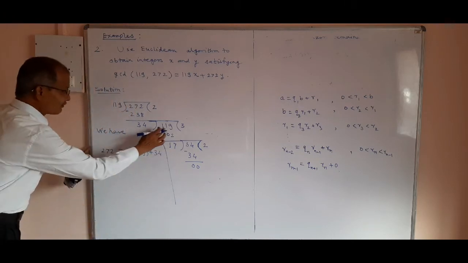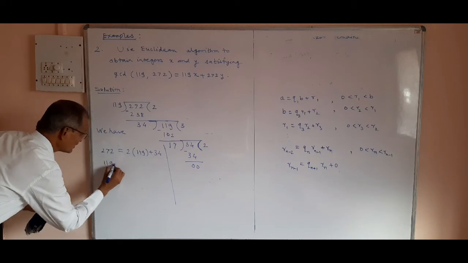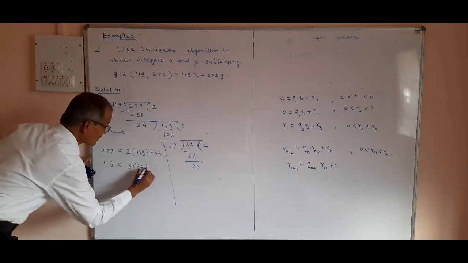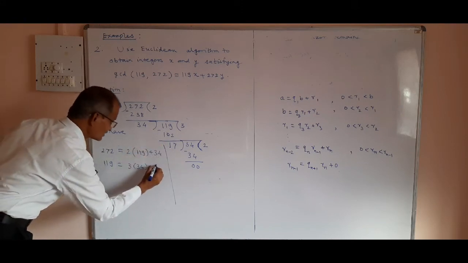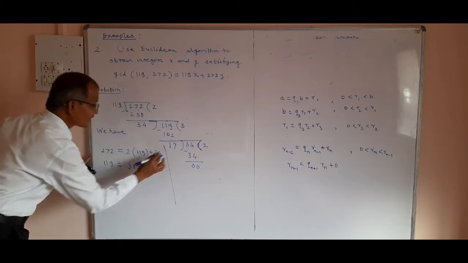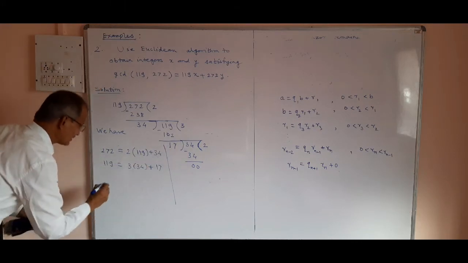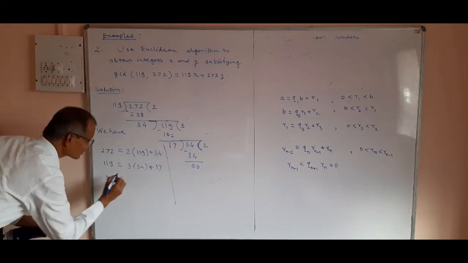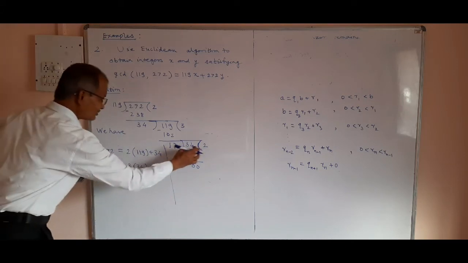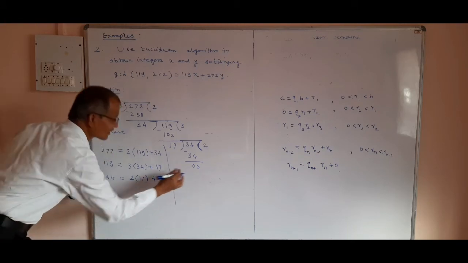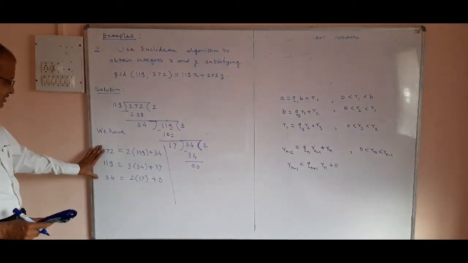Next, 119 is equal to 3 into 34 plus the remainder 7. And last, 34 is written as 2 into 17 plus 0. And thus we have these equations.